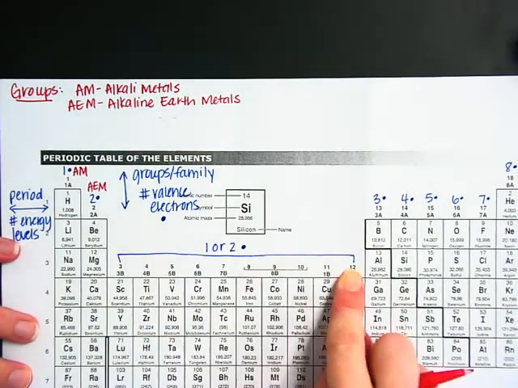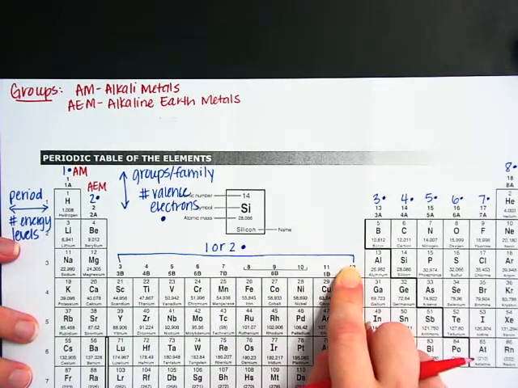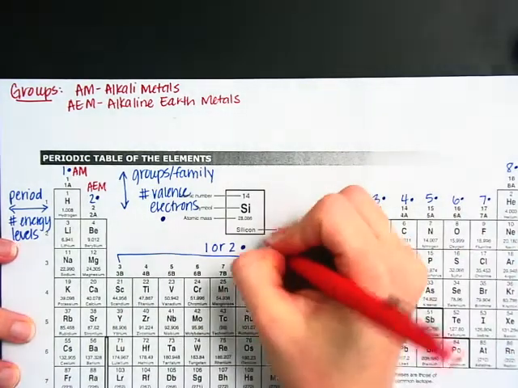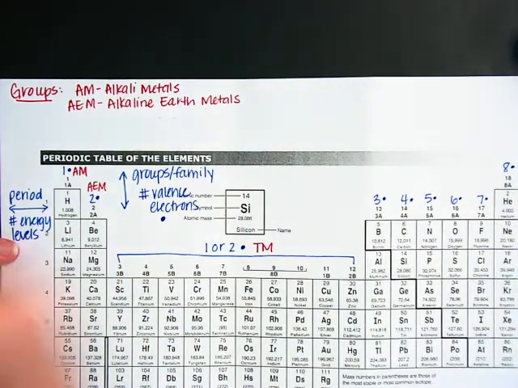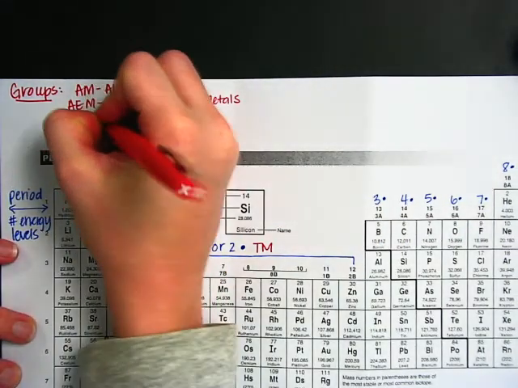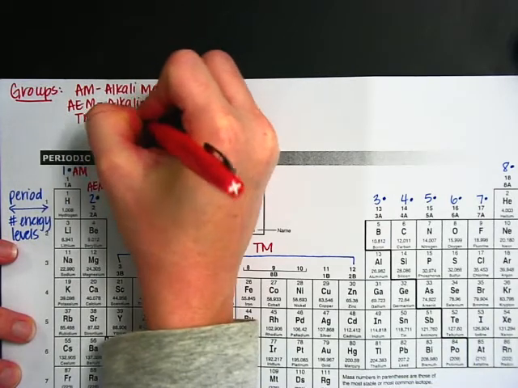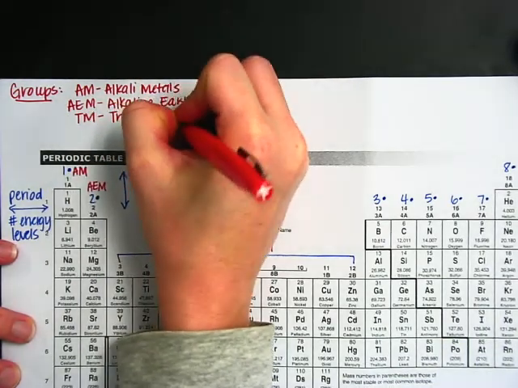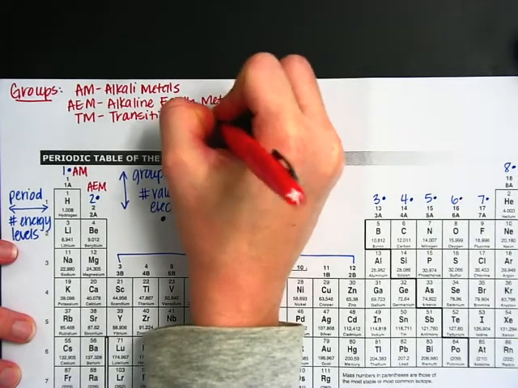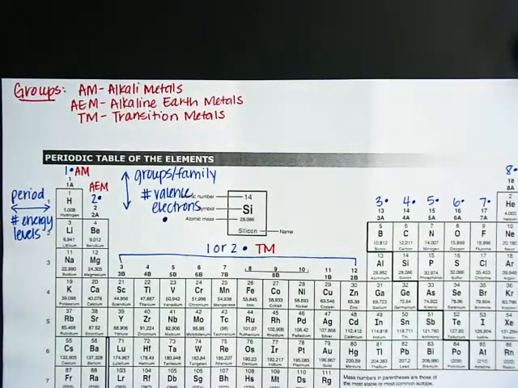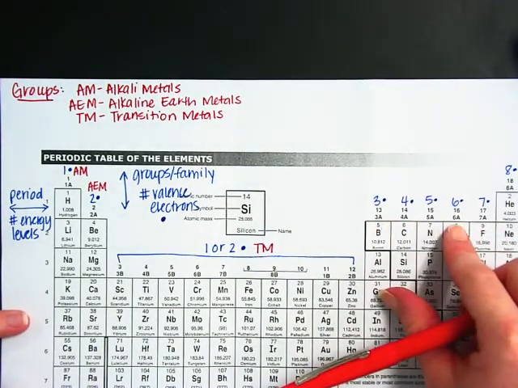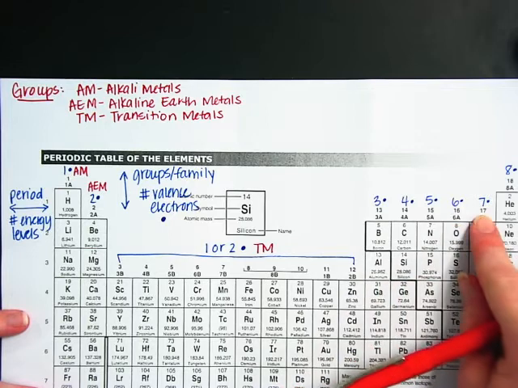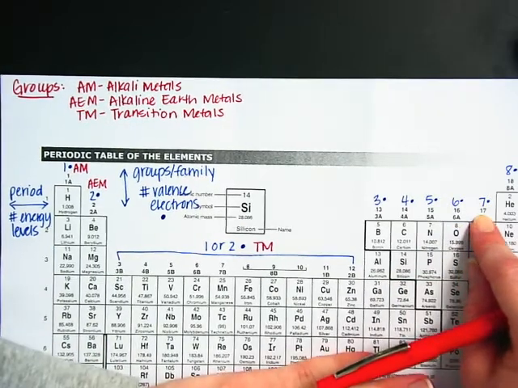Groups 3 through 12 was the transition metals. So I'm going to put TM. Then over here, we're going to label it the transition metals. Okay, 13, 14, 15, and 16, they didn't give us any special names for them. But group 17, do you remember what they were called?